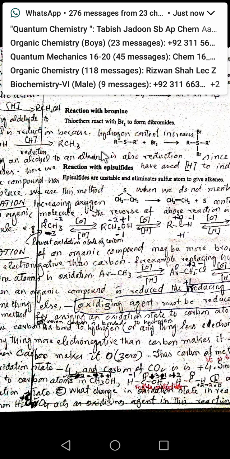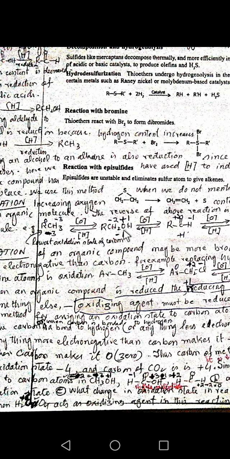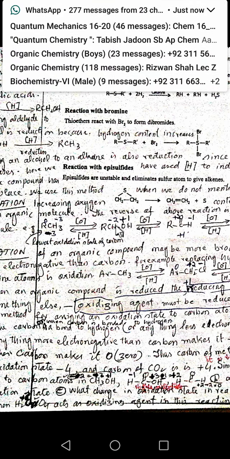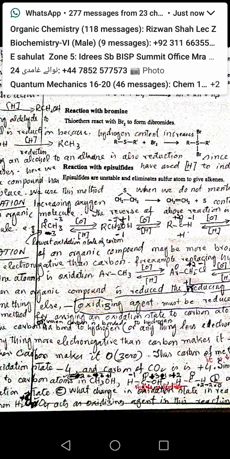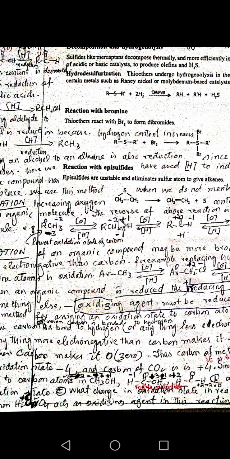Now see another compound, RCH2OH. Alkane is changed into primary alcohol. What is the oxidation state of the carbon in the alcohol? +1 for the C-O bond, -2 for 2 hydrogens. Sum of these two will be -1 for carbon.